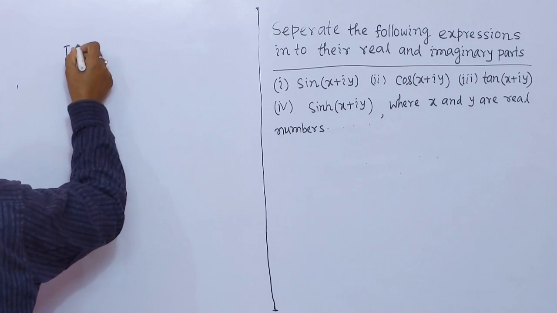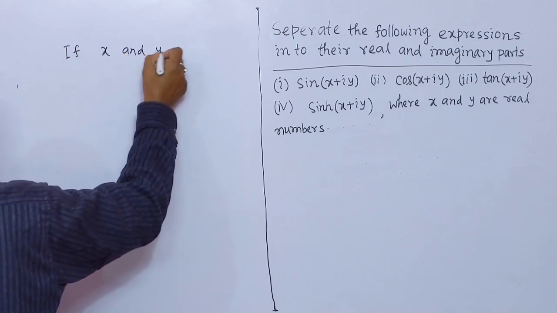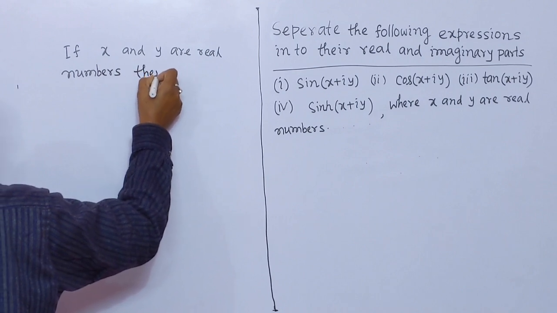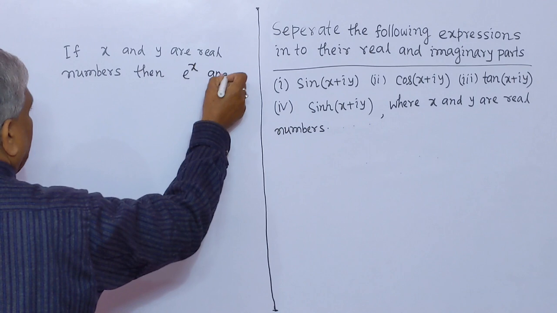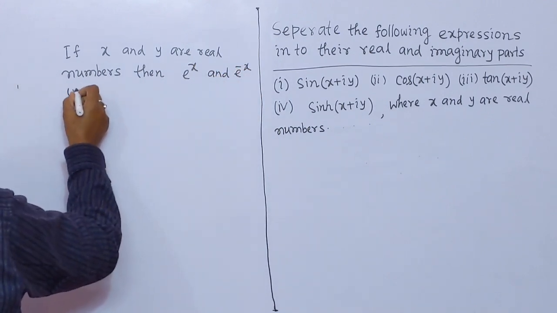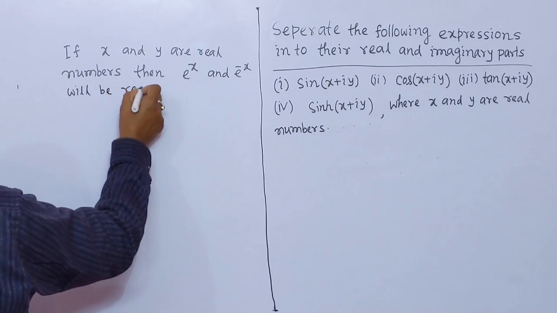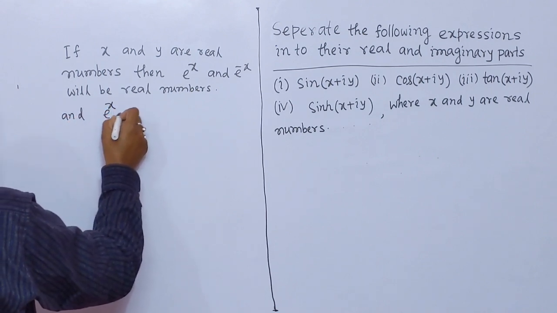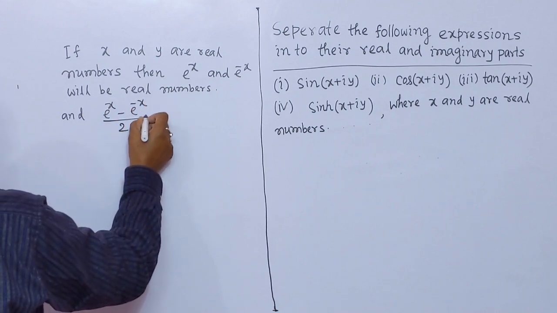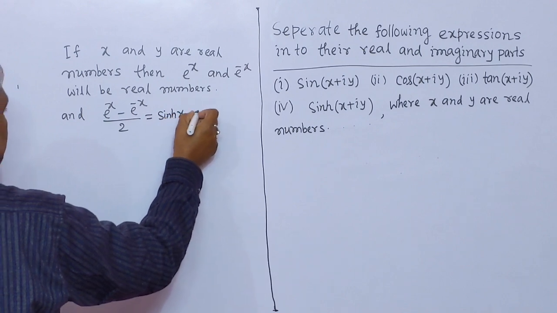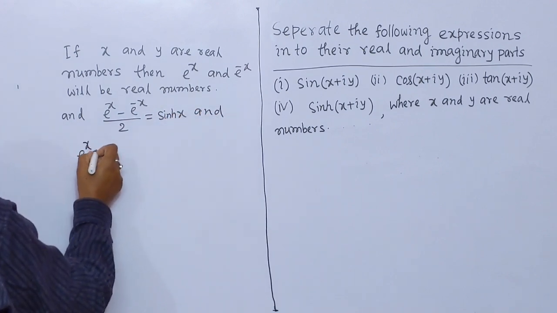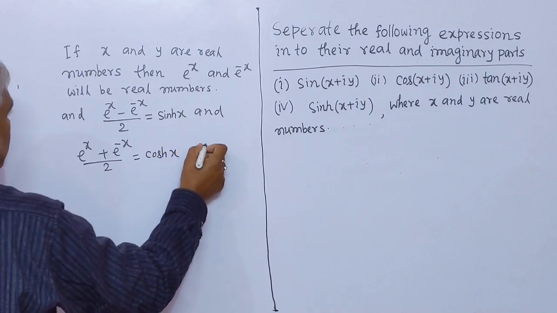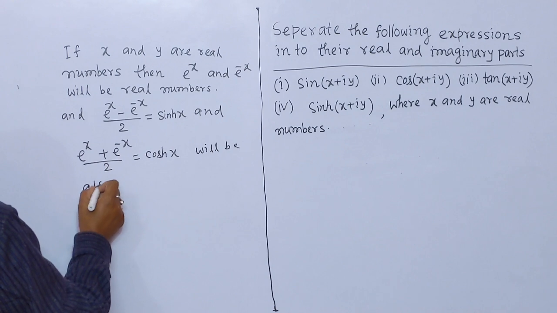If x and y are real numbers, then e^x and e^(-x) will be real numbers, and (e^x - e^(-x))/2 equal to sinh x, and (e^x + e^(-x))/2 equal to cosh x will be also real numbers.